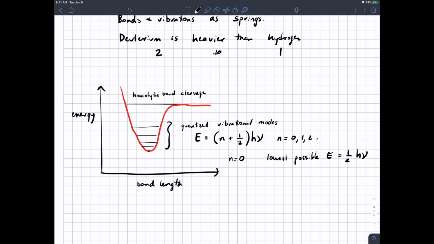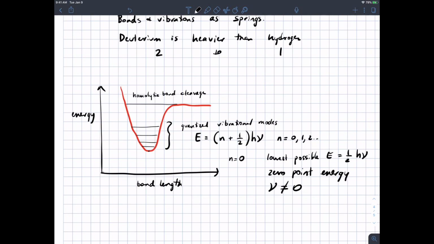Okay? We call this the zero point energy, and it means that bonds are always vibrating. Frequency can never equal 0. Kind of cool. Atoms can't be motionless.